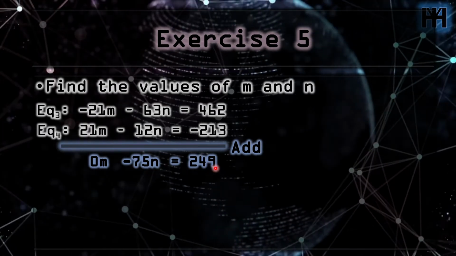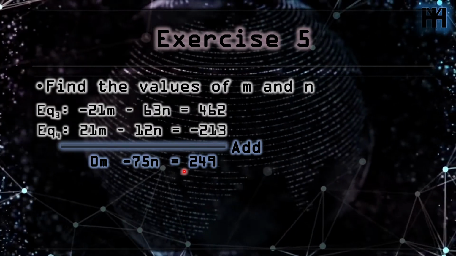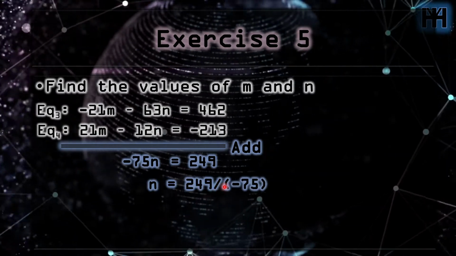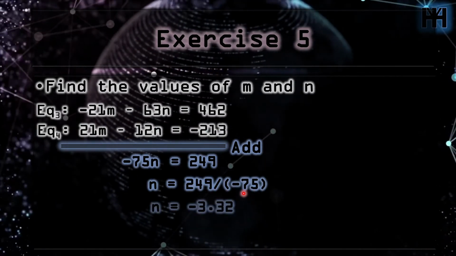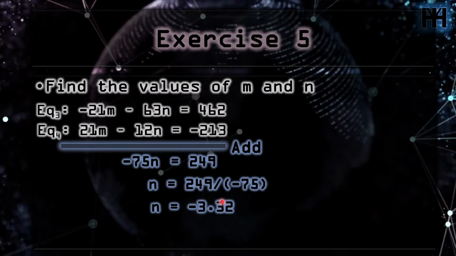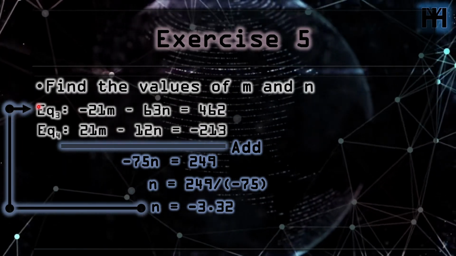To get the value of n, we send the negative 75 to the other side by dividing. So n will be equal to 249 divided by negative 75, so n will be equal to negative 3.32. Now we will substitute this value in equation 3.